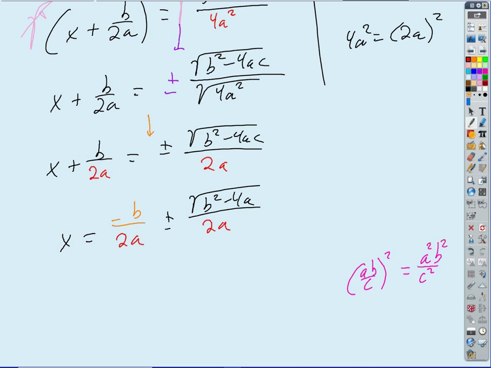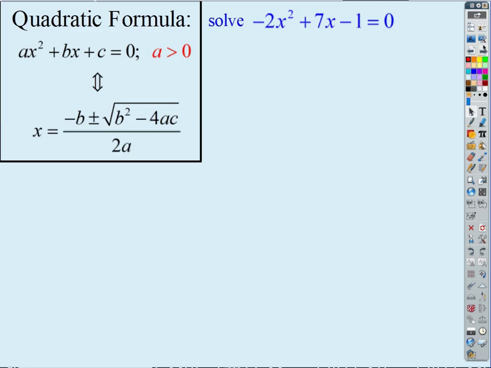So let's write it with one common denominator instead of writing it as separate parts. So we get x equals negative b plus or minus the square root of b squared minus 4ac, all divided by 2a. There's my formula. Okay, that's the quadratic formula. There it is. We just proved it.